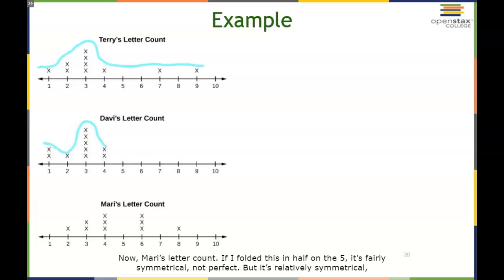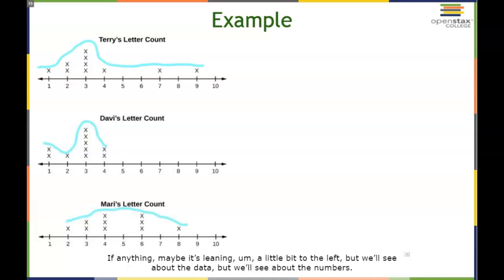If I folded this in half on the 5, it's fairly symmetrical, not perfect, but relatively symmetrical. If anything, maybe it's leaning a little bit to the left, but we'll see about the numbers. So let's calculate the mean, the median, and look at the mode, and then we'll figure out for sure the skewness.